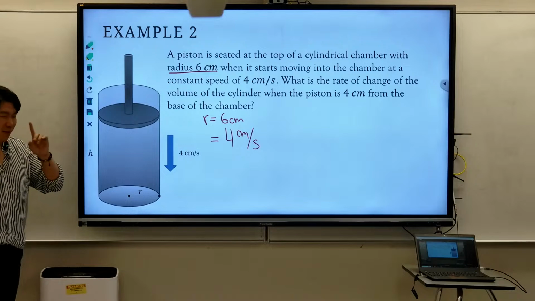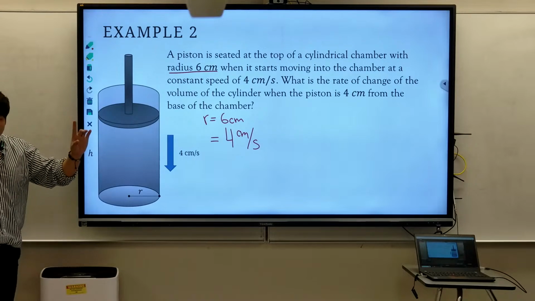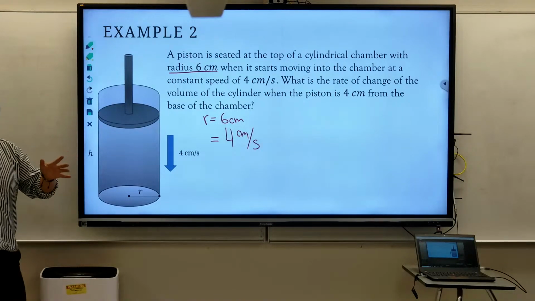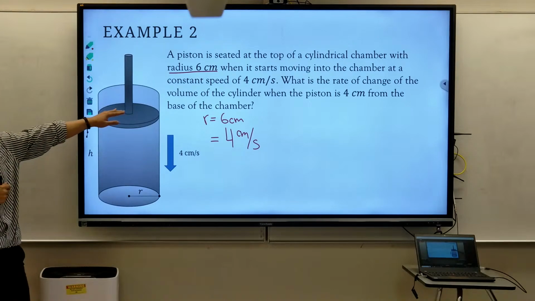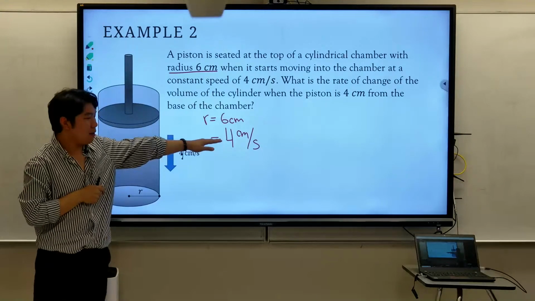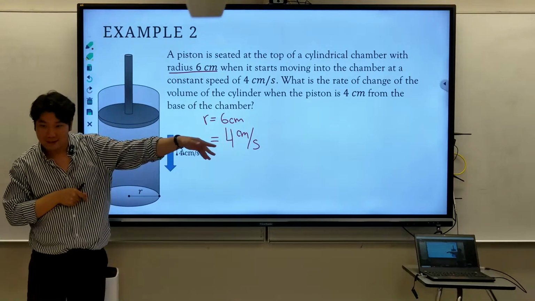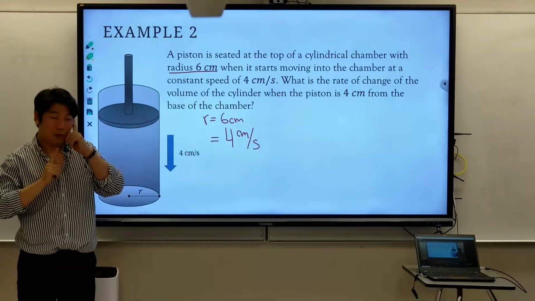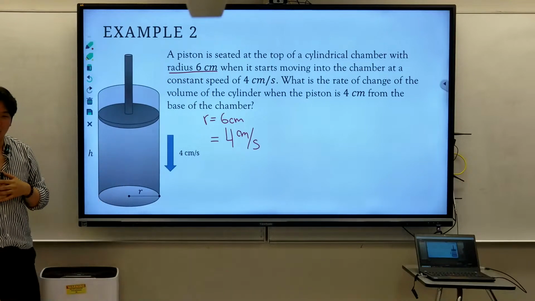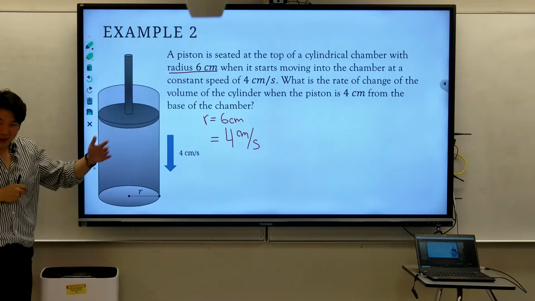I just realized that was a terrible way to word that question. Yes, it's a unit of constant speed. And in particular, what I'm trying to get at is that this is a rate because it's centimeters per second. The question I wanted to ask was, what rate is this? Is this the rate of change of the height, the radius, the volume, the area?